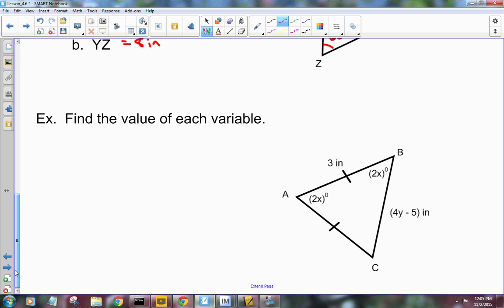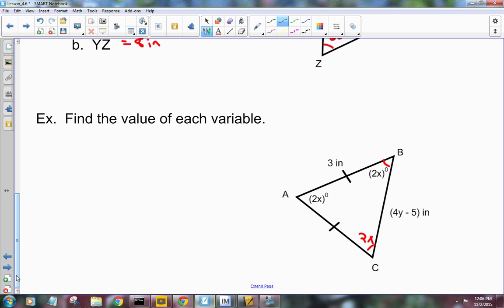One more. Find the value of each variable. What do you think? What kind of triangle are we dealing with here? It's isosceles, right? So since it's isosceles, what does that tell us? The two base angles are congruent. And so they're both going to be 2x, which tells us what? X equals 30.